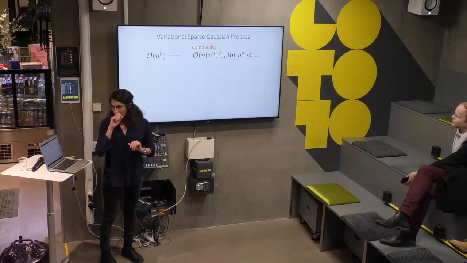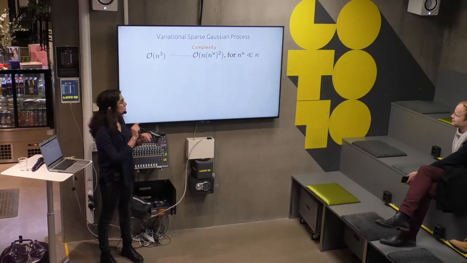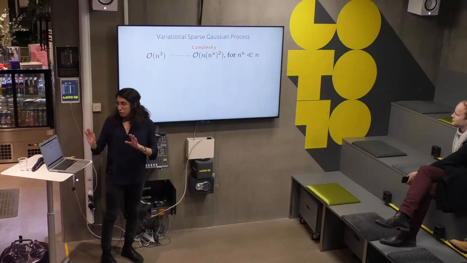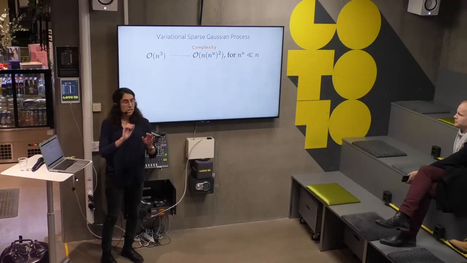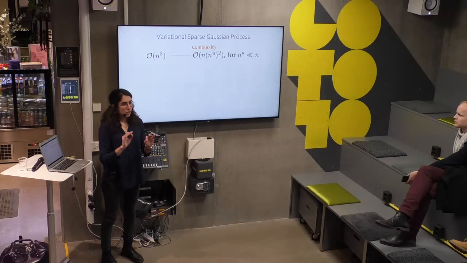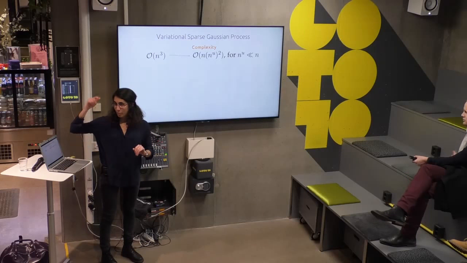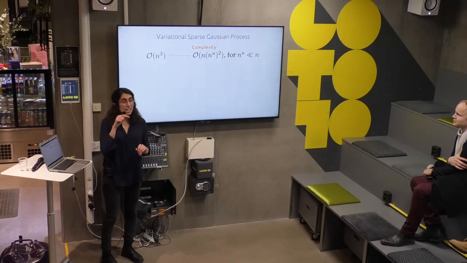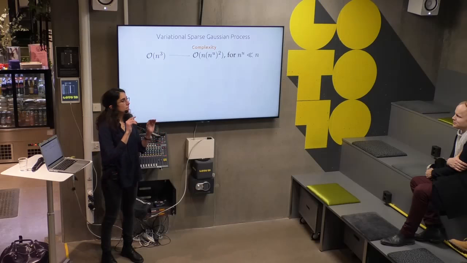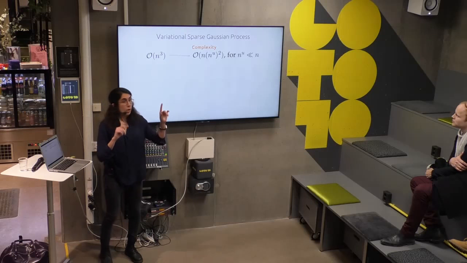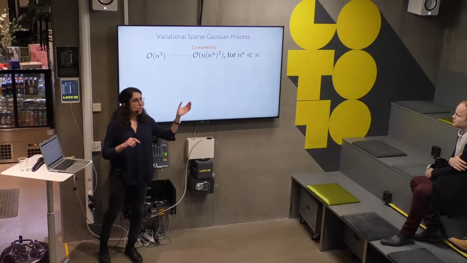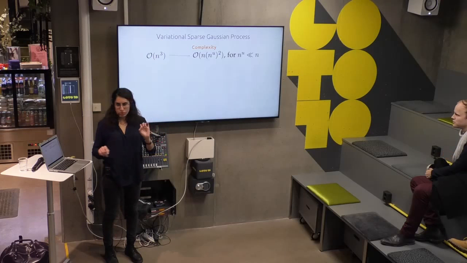Okay? So I am not going through all the details of the variational formulation, but I'm going to pinpoint the essential aspects of it. The first essential aspect is we are going to reduce our complexity from O(n^3) to the complexity of n multiplied by nu. And what is nu? Oh, n is our number of observations, right? And nu is the number of inducing variables.